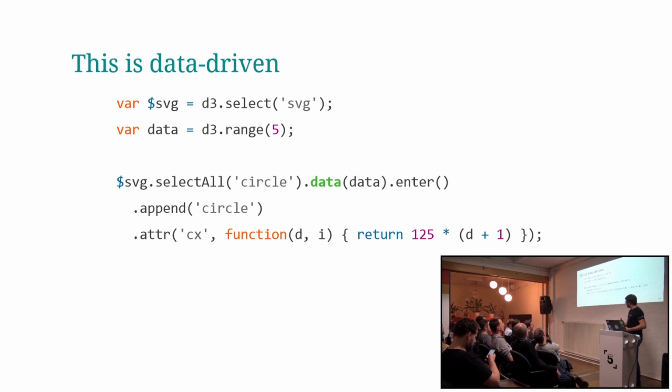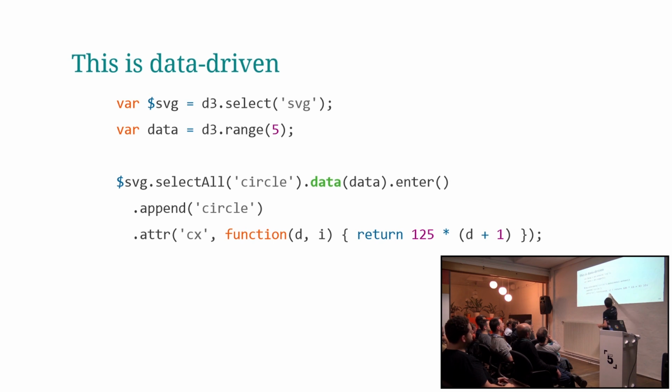It's very similar to the previous example, but you see that we don't have this for each loop anymore. We just have something here which says data, which makes some kind of data binding from the data array to the selection. So it binds the data to the selection, and this I will explain in the next slide. And then we can append the circle for every element, actually.